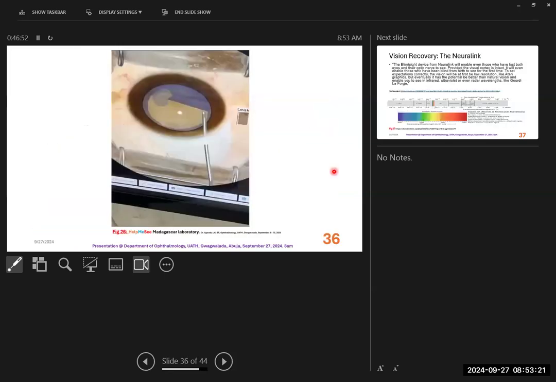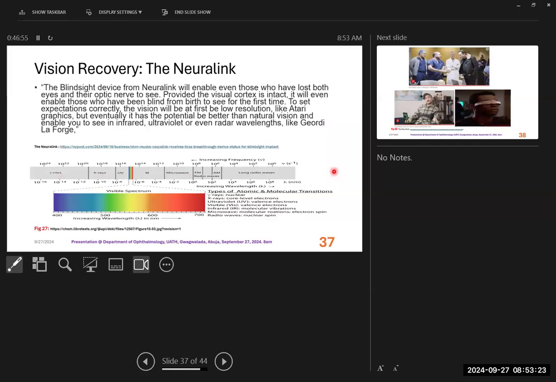That's what we call vision recovery. Maybe a week or 2 ago, one of the world's tech giants, Elon Musk, told the world that he is one of the co-founders of what we call Neuralink. Neuralink has successfully been used to treat somebody who was paralyzed from the neck downward.